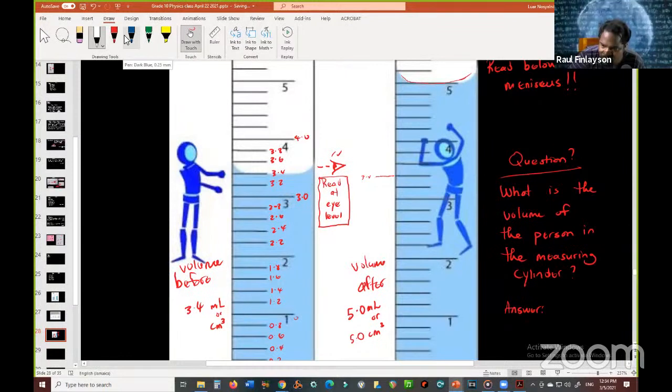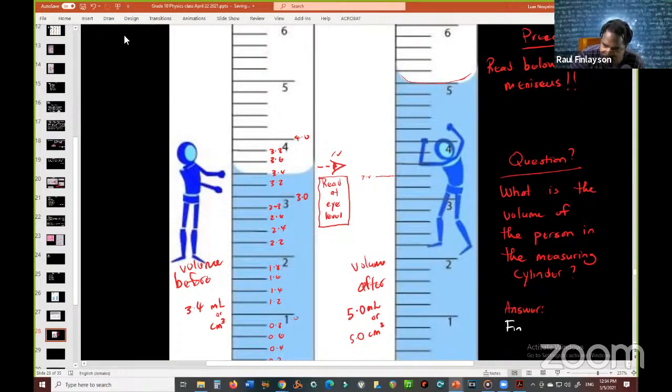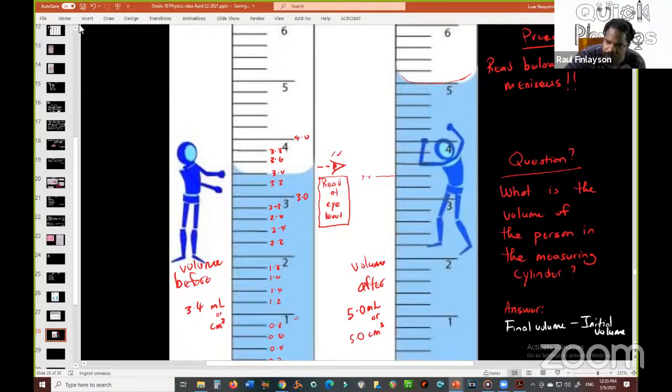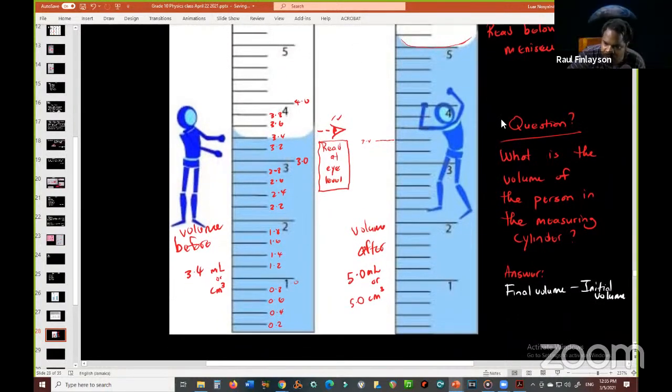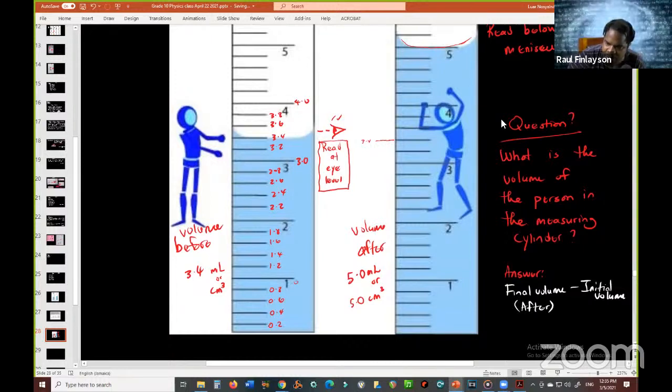So the formula is actually final volume minus initial volume. The final volume is another name for the volume after. So it's after minus before. All right, and there you go.